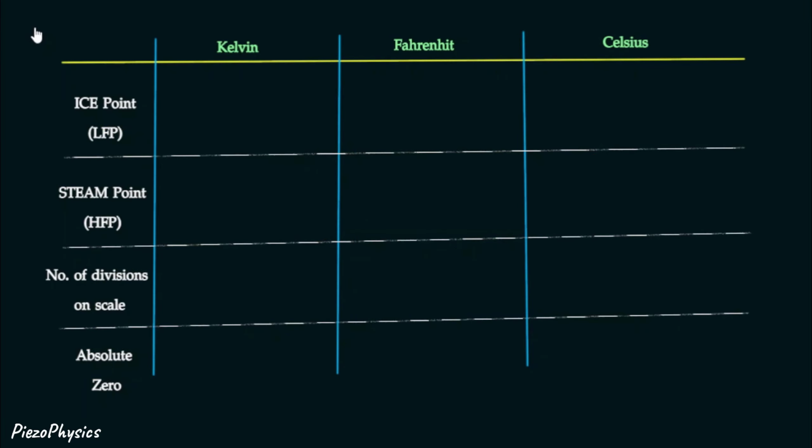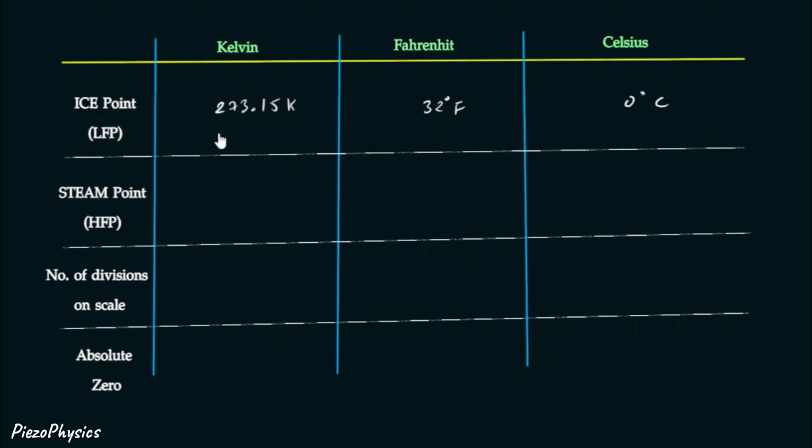Now let us make a table for different temperature scales and their ice point, steam point, number of divisions on the scale and absolute zero temperature. The ice point for Kelvin is taken as 273.15 Kelvin. On Fahrenheit, as we know, it is 32 degrees Fahrenheit. And in Celsius, it is 0 degrees Celsius.